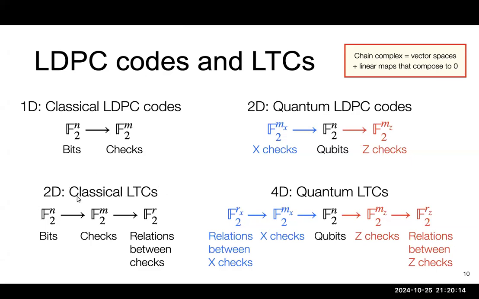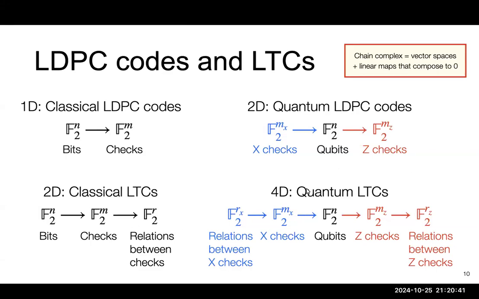What's interesting is that recently these classical locally testable code constructions also have an extra linear map, and this extra linear map characterizes the relation between checks. So it has the traditional bit-to-check map, but now we have an additional map from checks to the relations between checks.